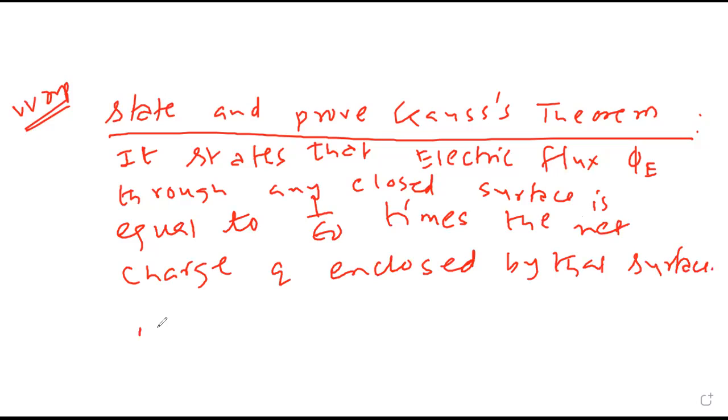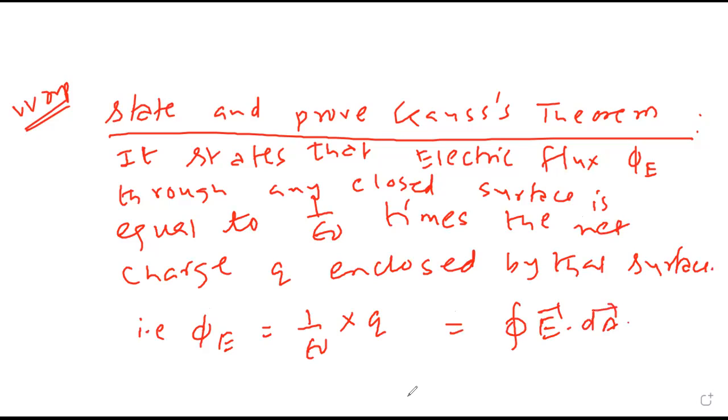So we can say that electric flux is 1 upon epsilon 0 times Q, which is nothing but same as E bar dot dA bar over that closed surface, right?